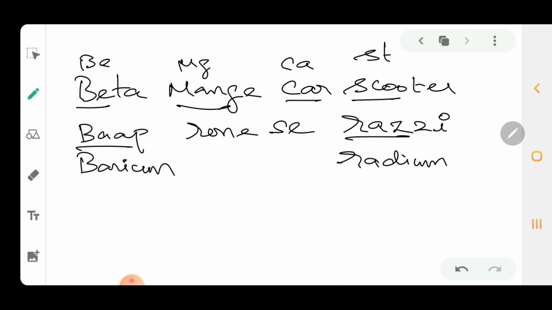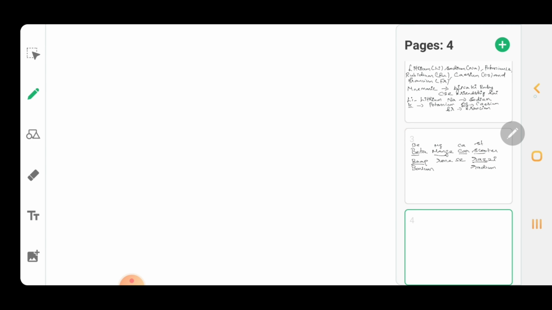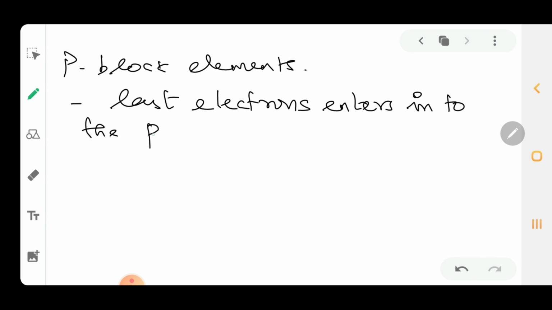We finished the S block elements, and now we will be moving on to the next block, that is our P block elements. Again, why is it called P block elements? Because the last electron enters into the P subshell.